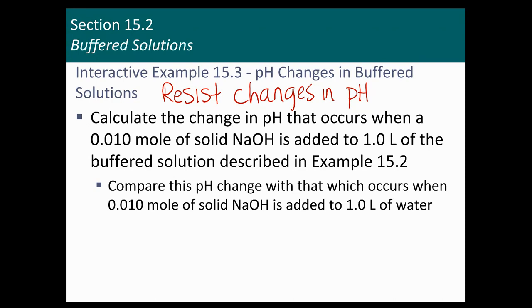Let's say we have a beaker and we have in there acetic acid and acetate. They're both in there, 0.5 molar, and we have 1 liter of the solution in this example.